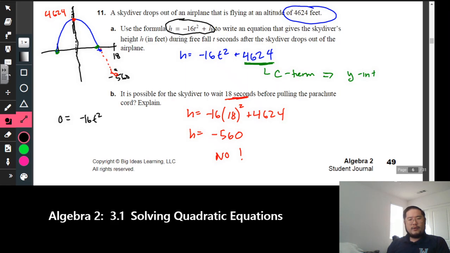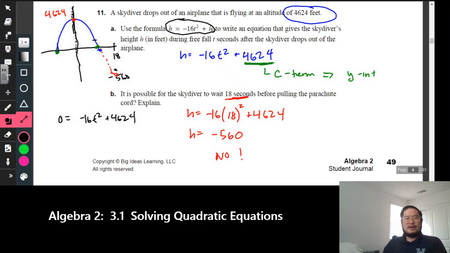If I take my equation right here, you set this equal to 0, and then work your way through solving for t, you could figure out exactly how many seconds. And what you'll find is that 17 seconds is the most amount of time this person should wait. But most likely he wouldn't even want to wait that long, because I don't think a parachute will save him and slow him down enough if he waits somewhere around here in our diagram to open up.